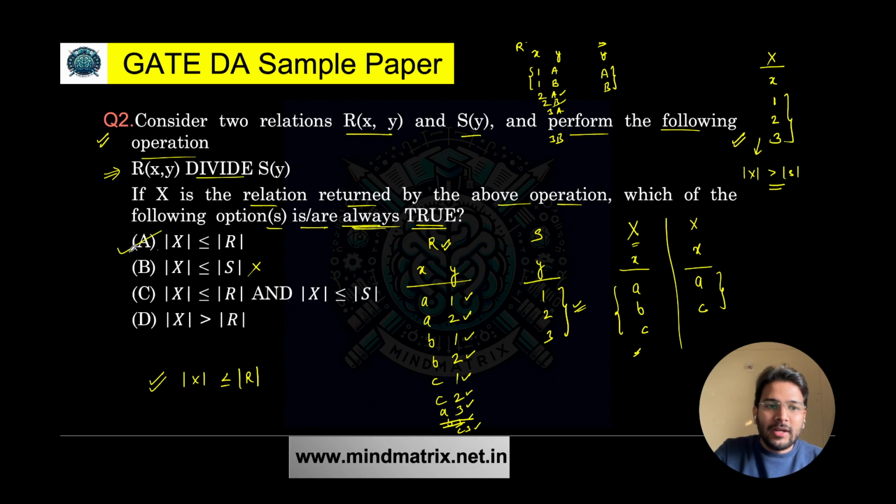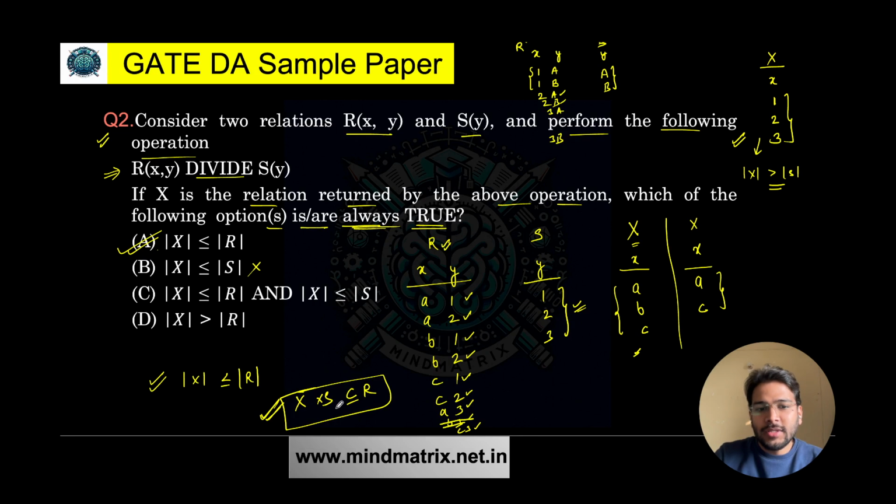But we can say clearly that option A is correct, because cardinality of X will always be less than or equal to cardinality of R. You can take any example you want, because we can also see it like this: X into S, the Cartesian product, will always be a subset of R. Whenever you are performing the division operation, this is always going to be true.